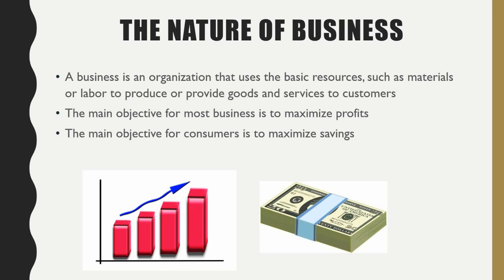So, of course, if we look at this from a different perspective, businesses are out for one thing and one thing only. Their main purpose to even create a business is to make money. They want to make the big bucks, okay?